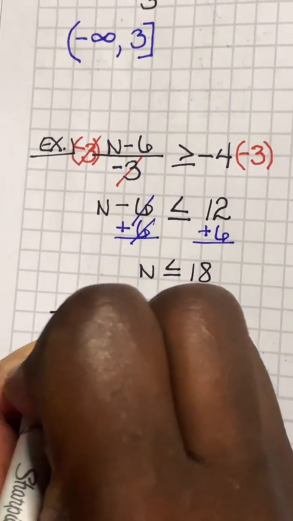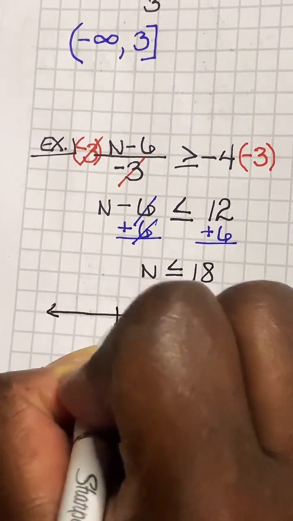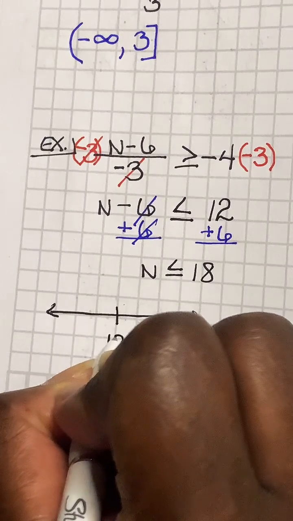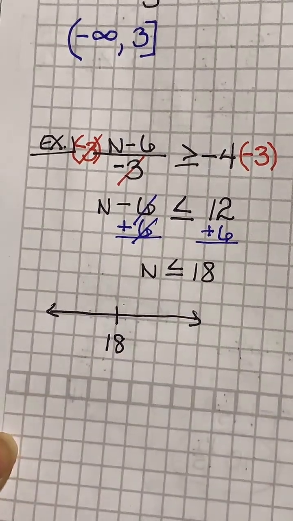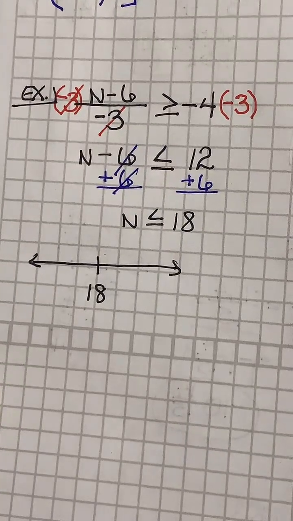So, looking at the number line, we have our 18. Open, closed, or left and right? What do we got?